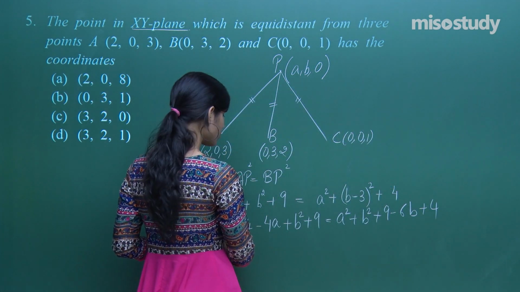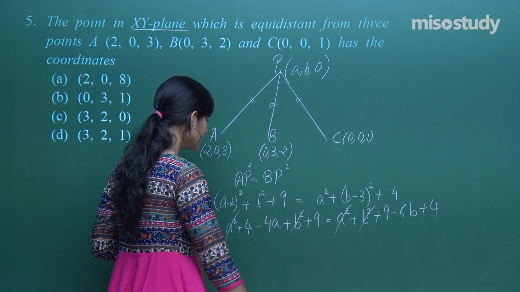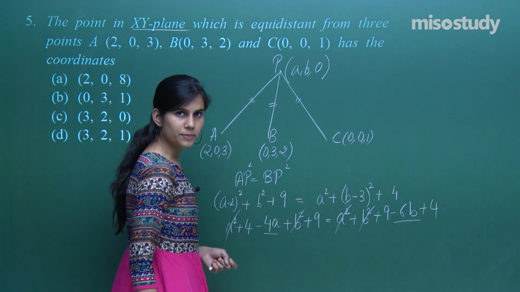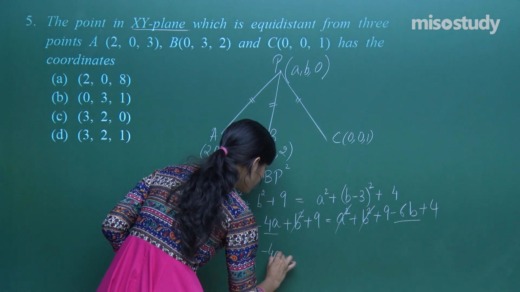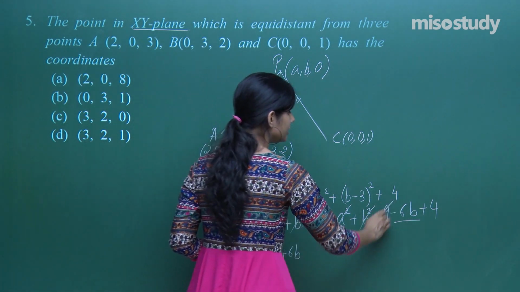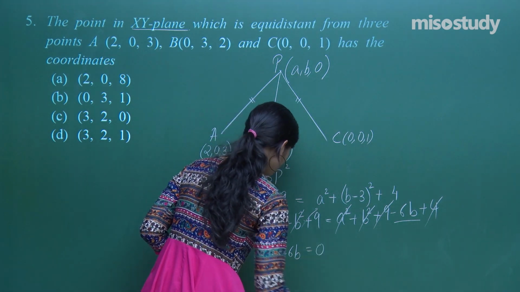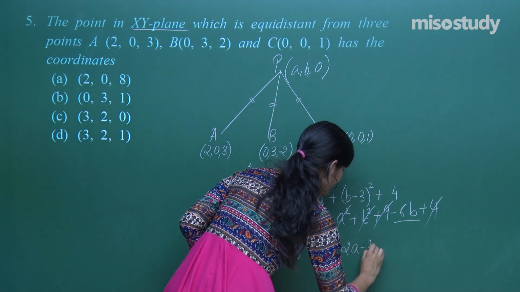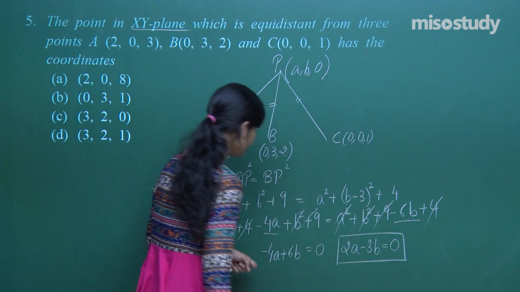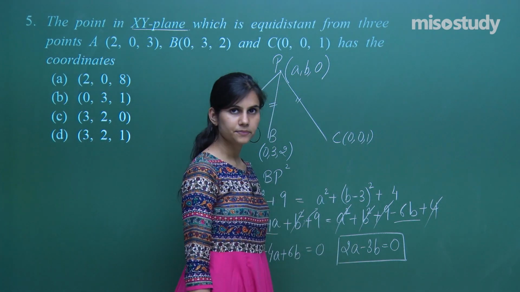Okay? a square, b square, a square, b square gets cancelled. You have minus 4a plus 6b, minus 4a plus 6b. 4 plus 9, 13, 4 plus 9, 13 gets cancelled out. You are left with 2a minus 3b is 0. Isn't it? This is minus 2a plus 3b, or you can say 2a minus 3b.